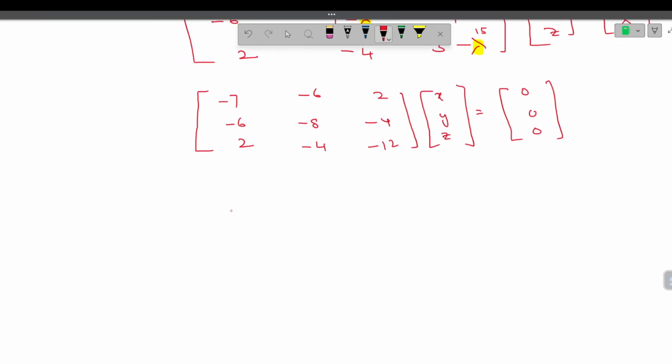What we are doing here: R1 implies R1 minus R2, and R3 implies R3 minus R2.